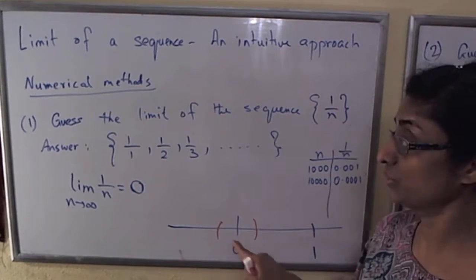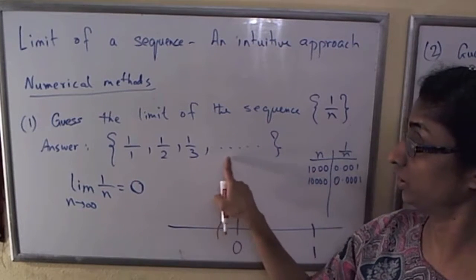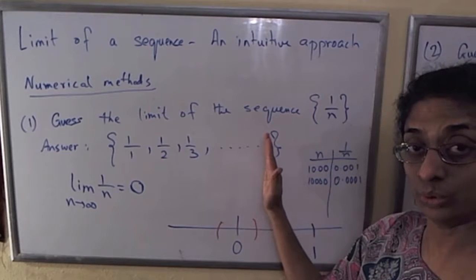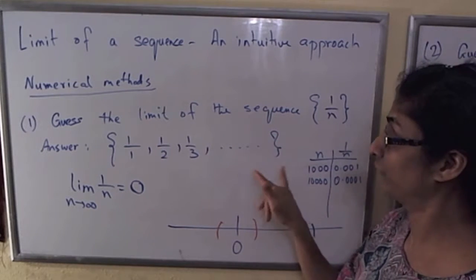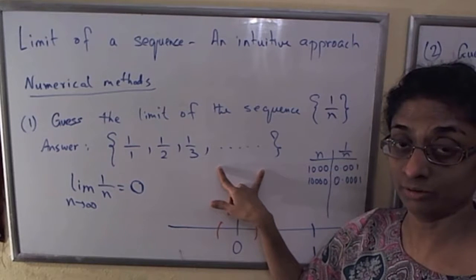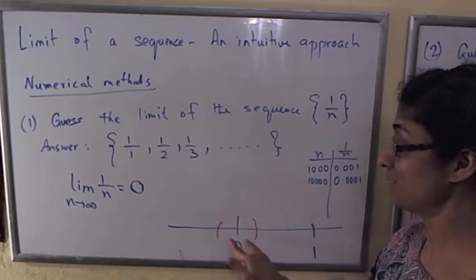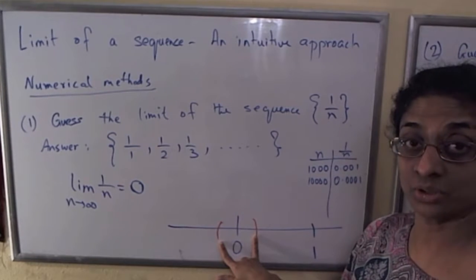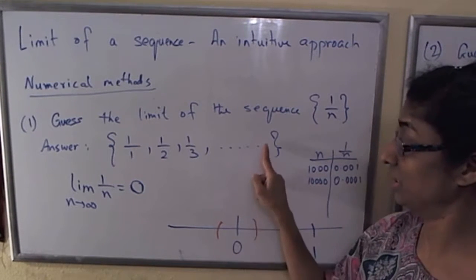But you will pretty soon realize if we start plotting these points, there will be a cutoff point where you will be able to say, okay, the first few numbers, a finite number of numbers in the sequence, maybe they don't lie within this interval. But after a certain point, there's no escaping.